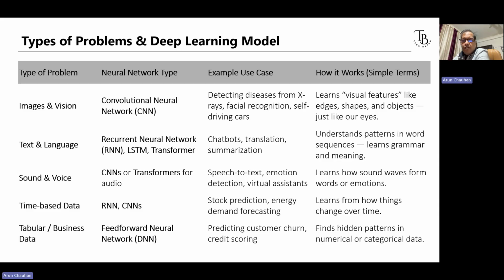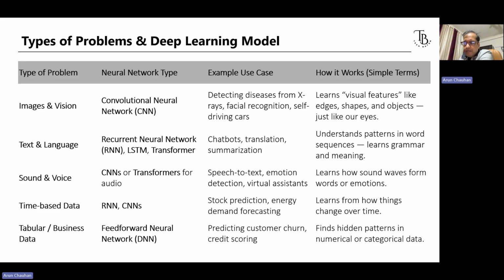If you're dealing with sound and voice, that's where again CNN or transformers come into the picture, with examples such as speech to text, emotion detection, and virtual assistants. You know that virtual assistants are quite prominent now. In fact, speech to text is almost everywhere. It is there in ChatGPT as well.